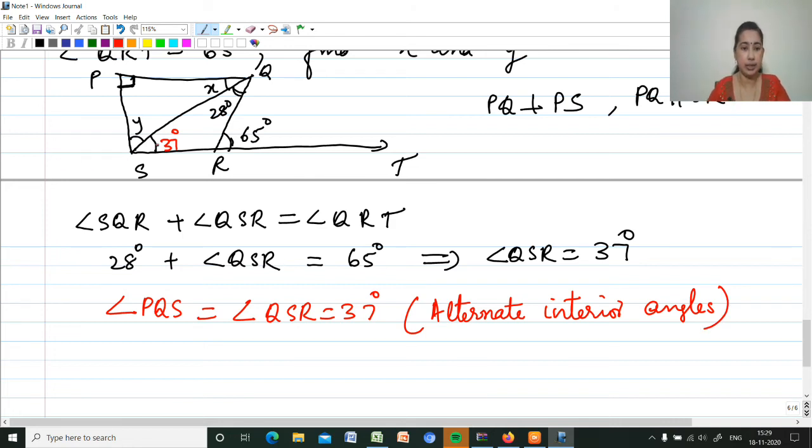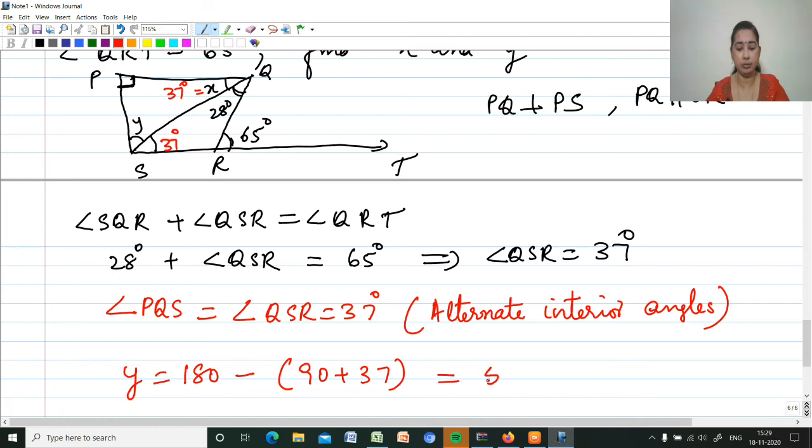So this angle is 37, and here also it is 37. And this angle is 90 degrees. So we can find out how much Y is. Y will be 180 minus (90 plus 37), and that is equal to 53 degrees.